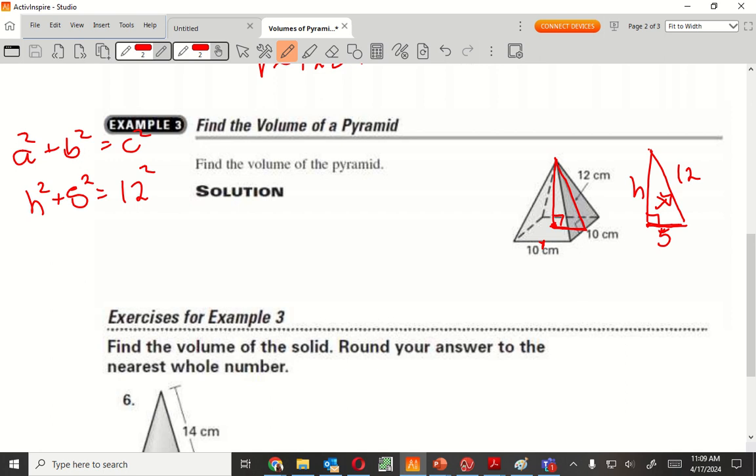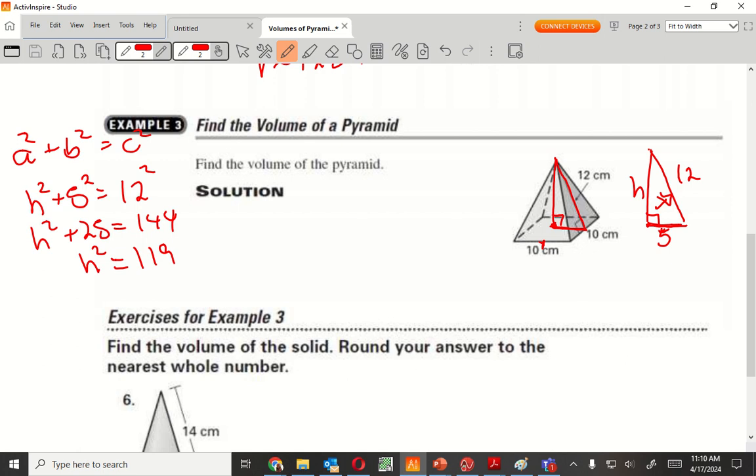Do a little bit of math. h squared plus 25 equals 144. Subtract 25 from both sides. I get h squared is equal to, what's that? 119? Yes, I think so.